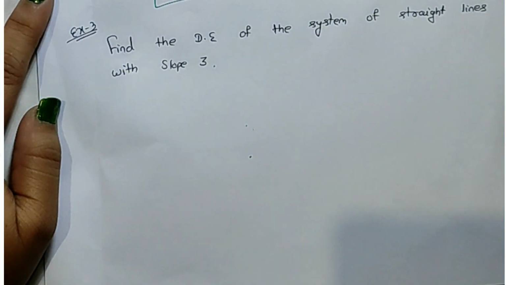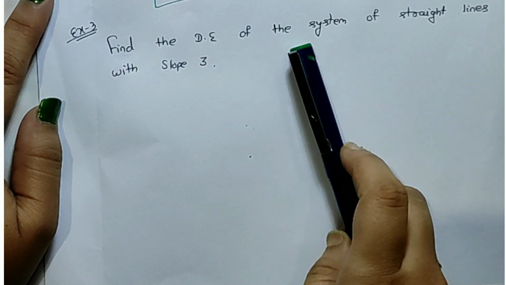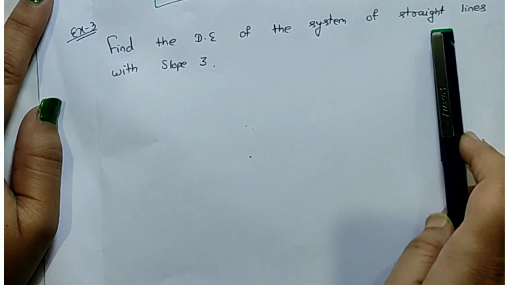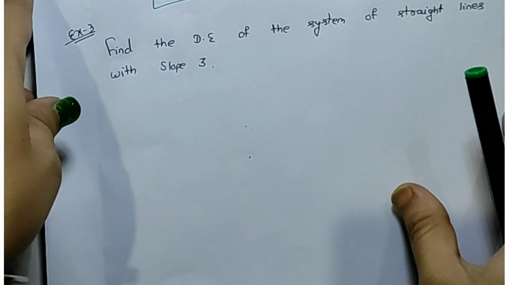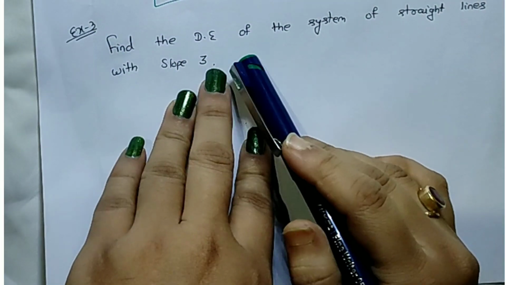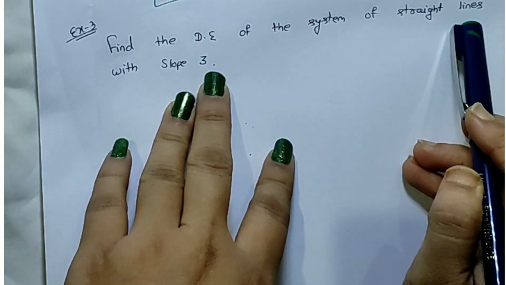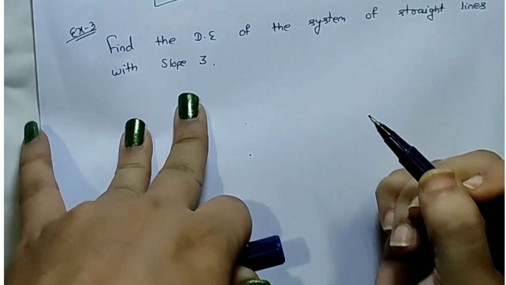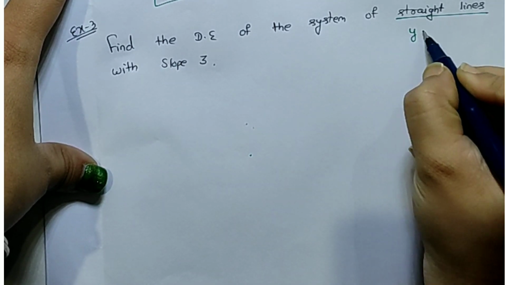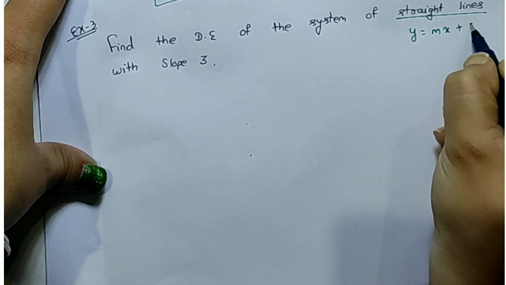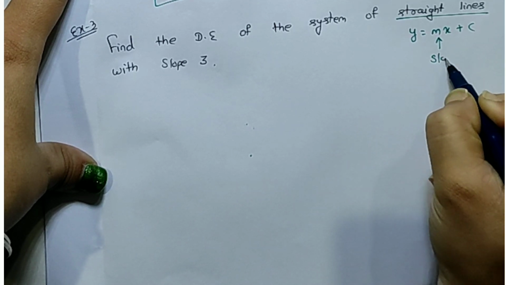Next example is: find the differential equation of the system of straight lines with slope 3. We know the general form of a straight line is y is equal to mx plus c, where m is the slope.